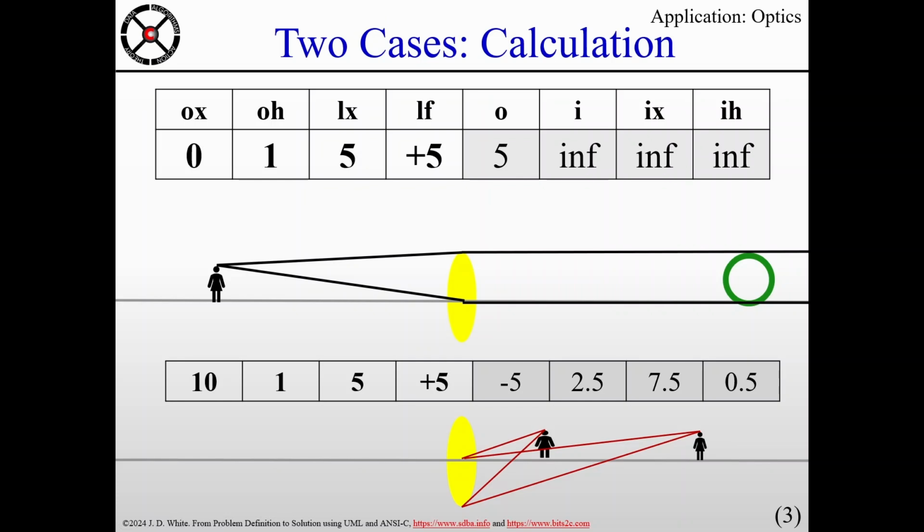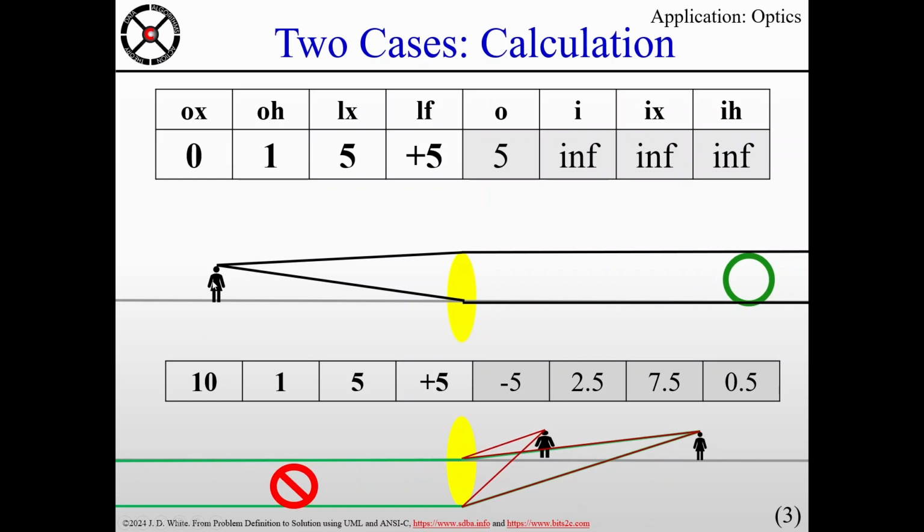If you did this in Gaokao, in your senior high school, they always put the person on the left side, never on the right side. If the person is on the right side of the lens, the equation should give us the image at infinity, just like the other case.